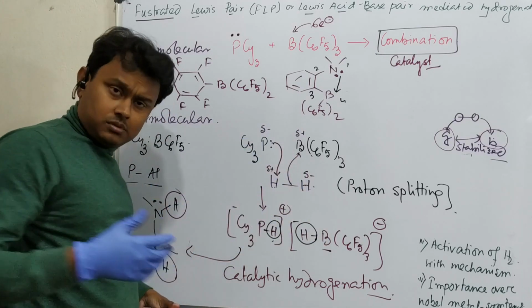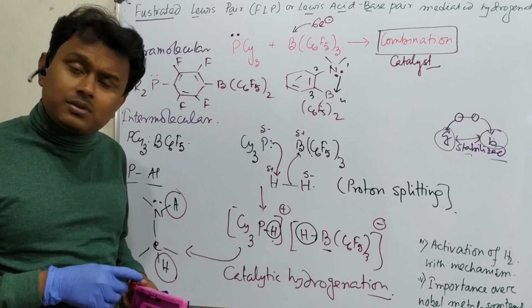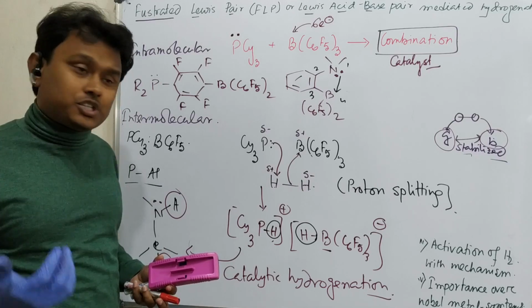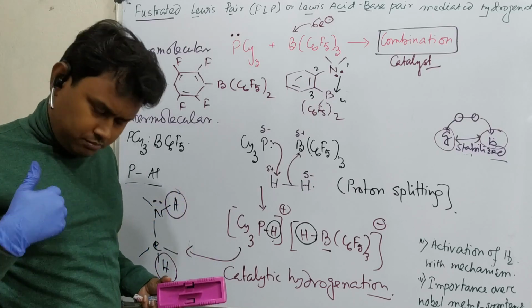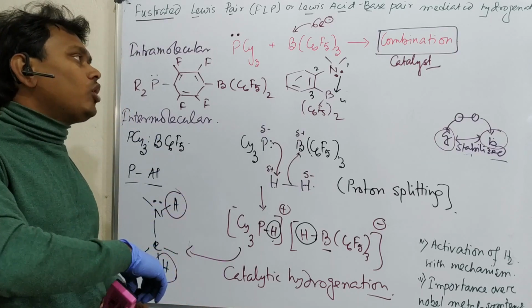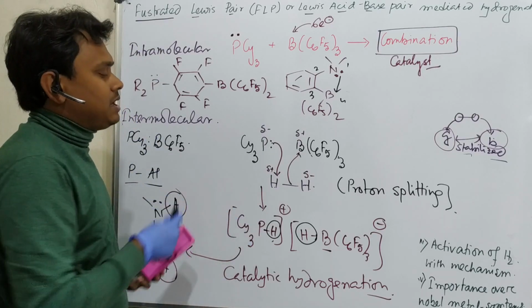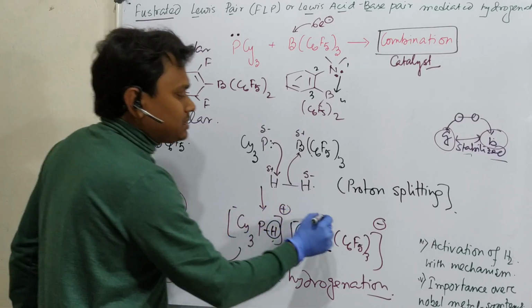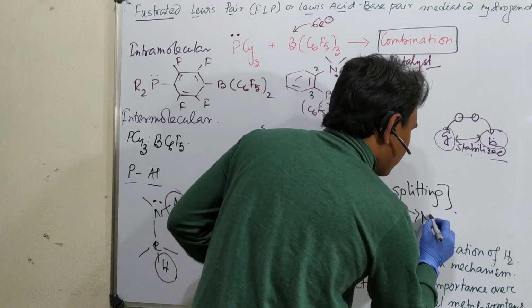Why will they give it up? Nobody wants to give up their reason for frustration, their satisfaction, to someone else. Nobody wants. Me also, I don't want. But why is it happening? This is the role of the catalyst, or better to say the design. This is not highly stable. This combination is moderately stable.